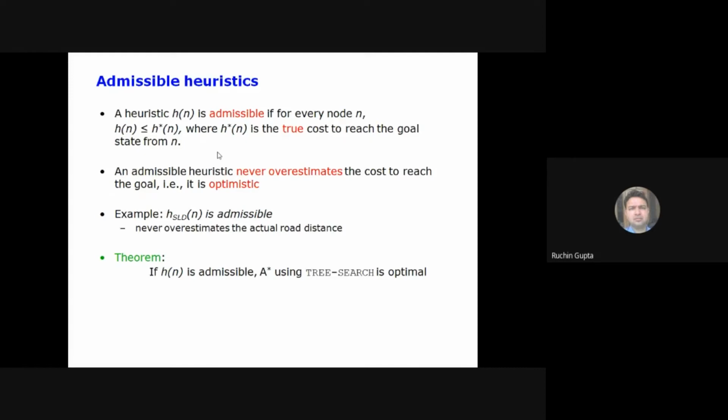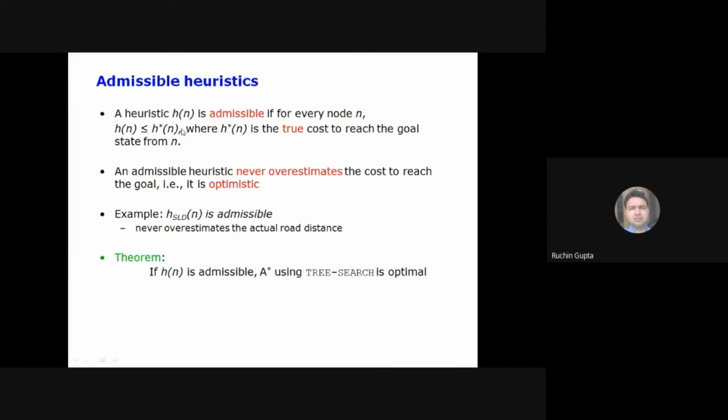It is a known fact that the air line distance between two cities will always be less than the actual distance. We have used the straight line distance as a heuristic function in the previous example, so our heuristic h(n) is admissible.